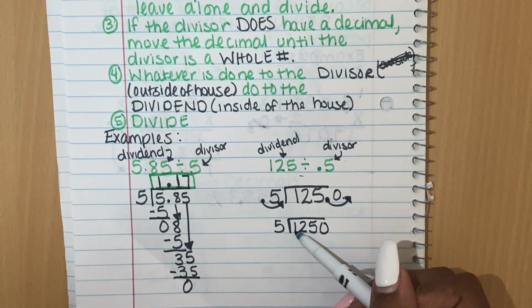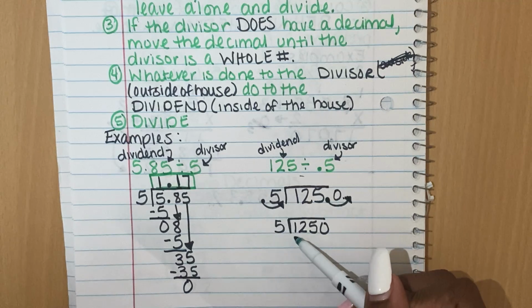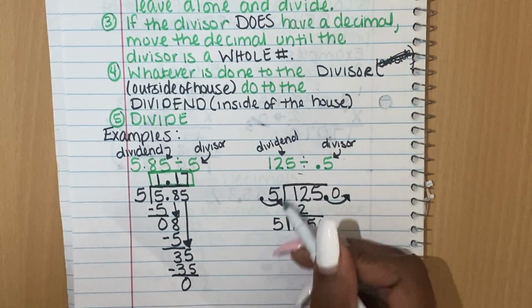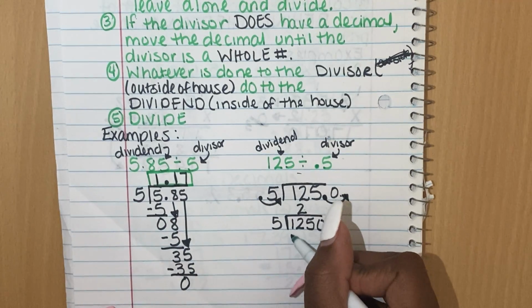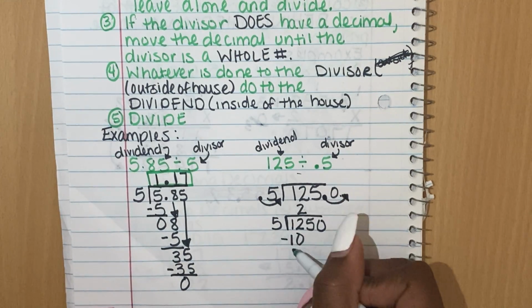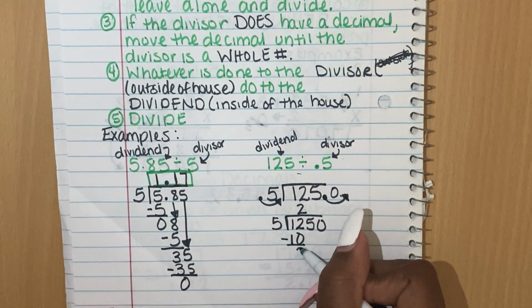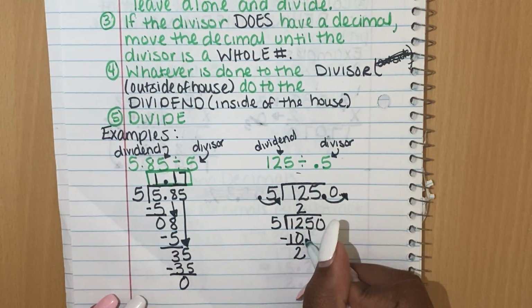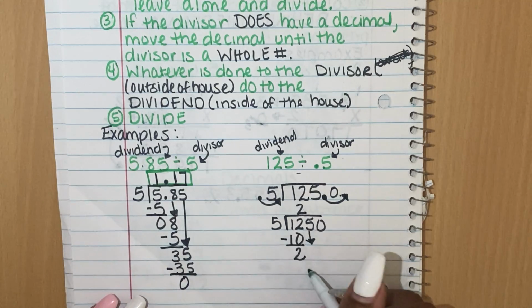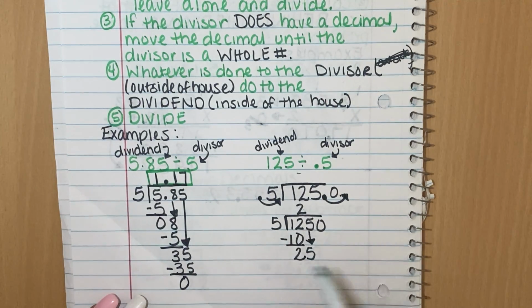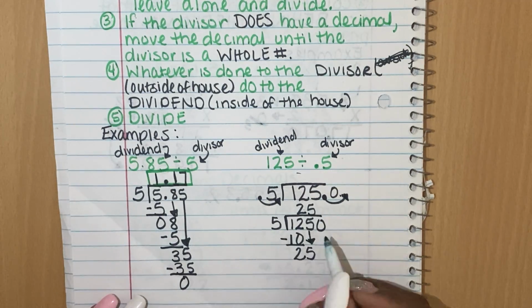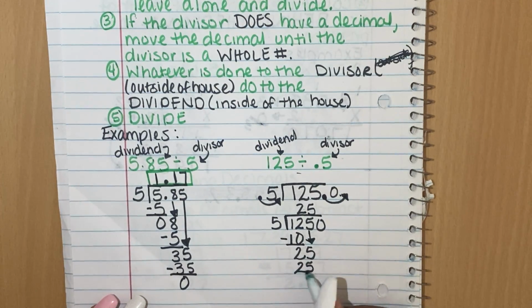5 cannot go into 1, but it can go into 12 2 times. 2 times 5 is 10. Subtract 12 minus 10, you get 2. Bring down the 5 from the inside because that 5 cannot go into 2. But it can go into 25 5 times because 5 times 5 is 25.